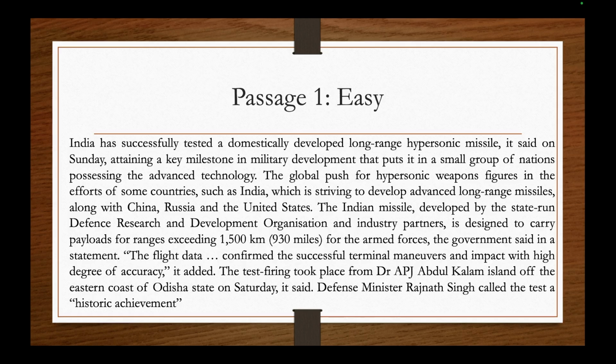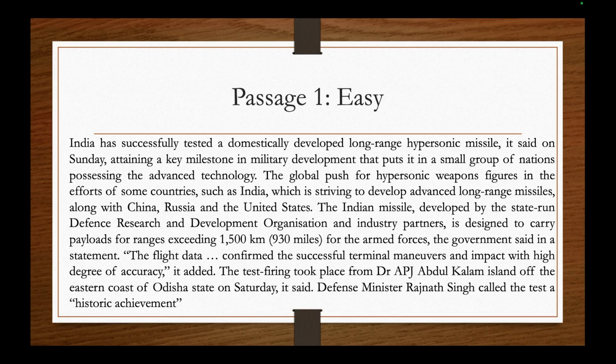is an easy passage. Let's quickly go through this particular passage. What it says is that India has successfully tested a domestically developed long range hypersonic missile, it said on Sunday, attaining a key milestone in military development that puts it in a small group of nations possessing the advanced technology. The global push for hypersonic weapons figures in the efforts of some countries, such as India, which is striving to develop advanced long range missiles along with China, Russia, and the United States.